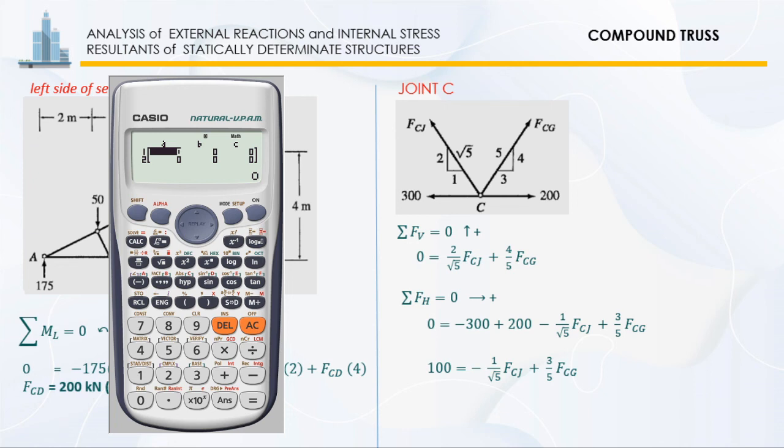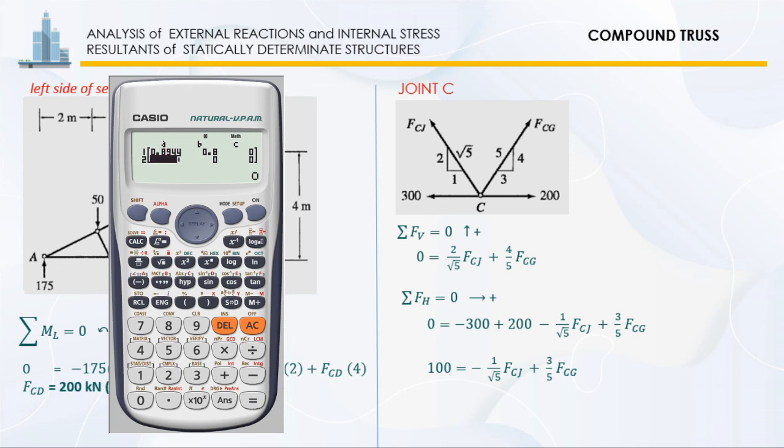For our first equation, ang A natin ay 2 over square root of 5, equals. Then yung B naman natin ay 4 over 5. Ang constant natin ay 0, equals.